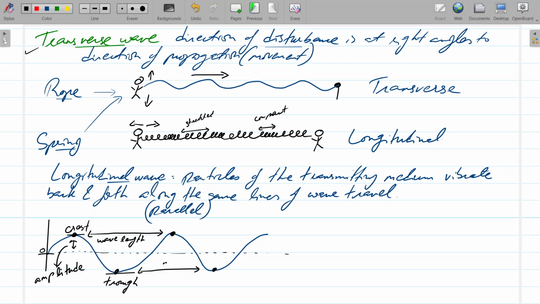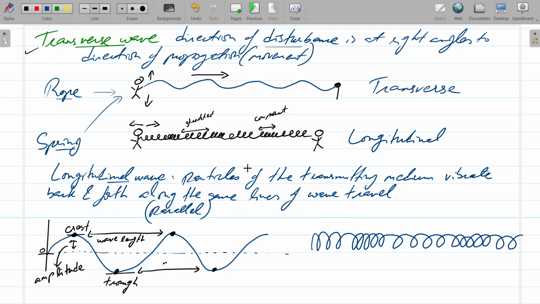Okay. Now this is for a transverse wave. In case of a longitudinal wave, you have this a bit spaced out, then you've got this a bit close together, then you've got it spaced out again, and then back together, close together, and then spaced out again.